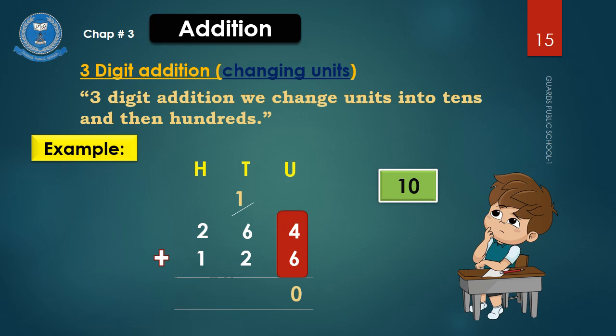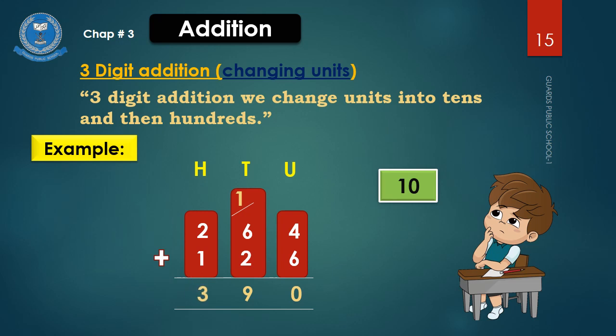Next, by adding the tens column numbers, that is 1 plus 6 plus 2, we get the answer 9. And last, add the hundreds column numbers. That is 2 plus 1, which is equal to 3.